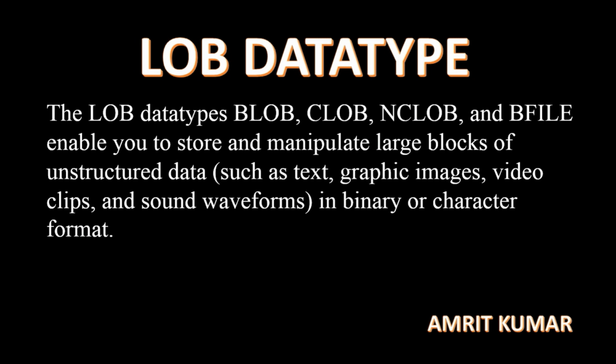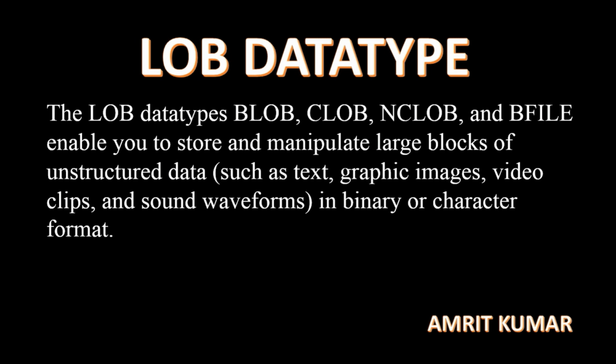It stores and manipulates large blocks of unstructured data. As we have studied, the character data type stores alphanumeric string characters. The number data type stores numbers, and a number can be positive, negative, or 0.